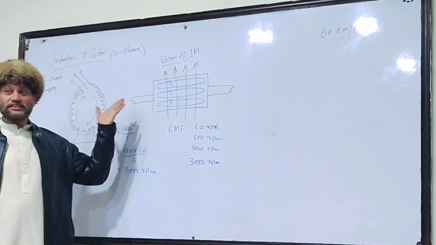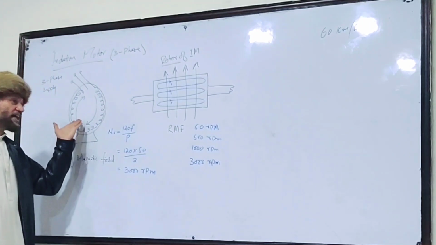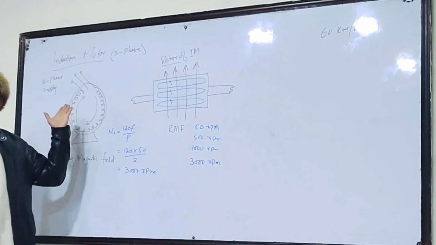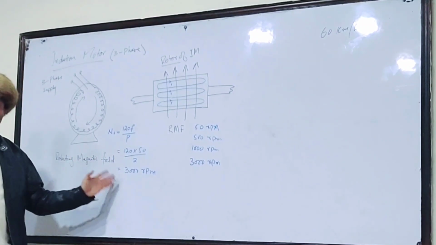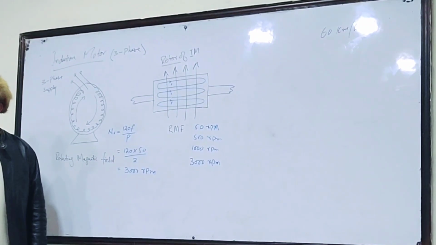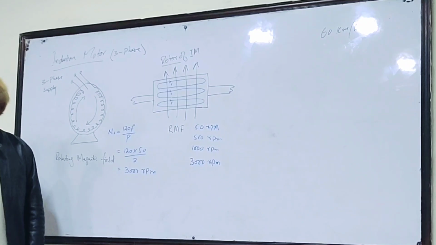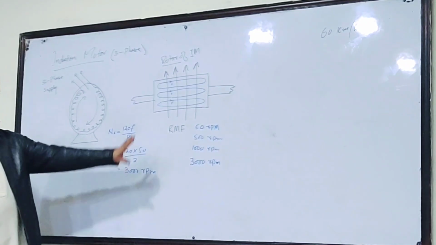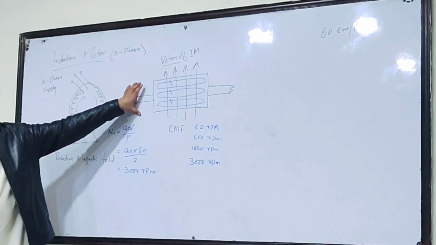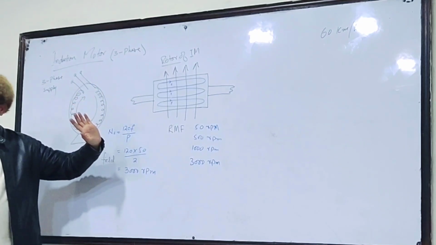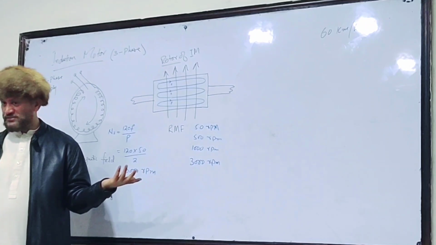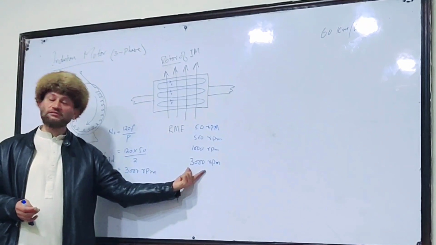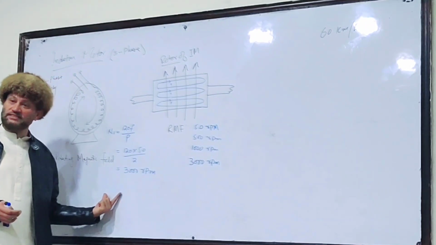This rotor is now rotating inside this stator at more than the rotating magnetic field speed. When it was free running, not loaded, this rotor could not reach the speed of the rotating magnetic field.